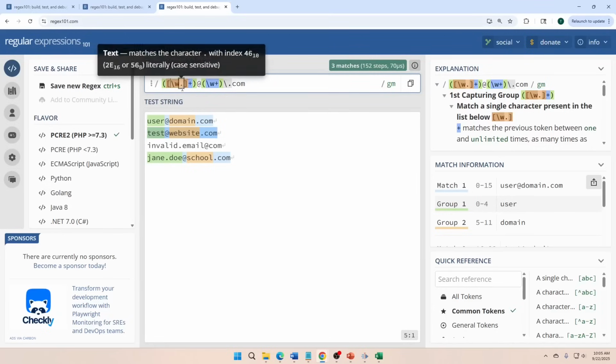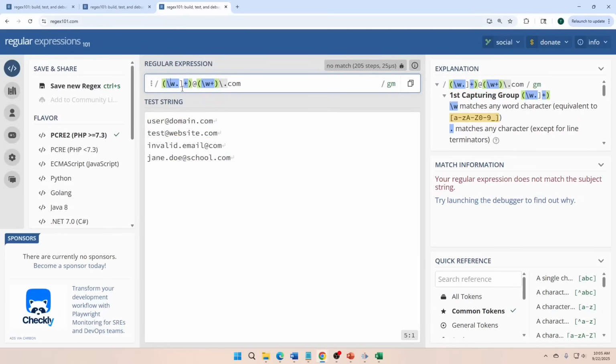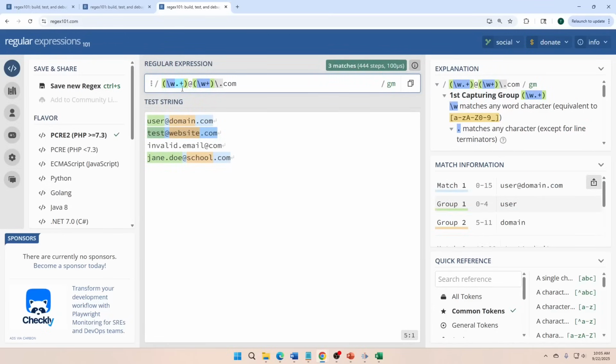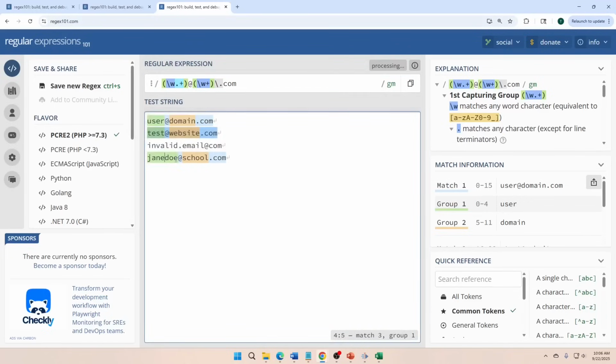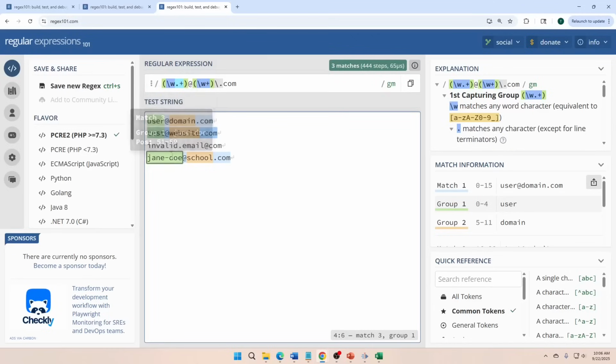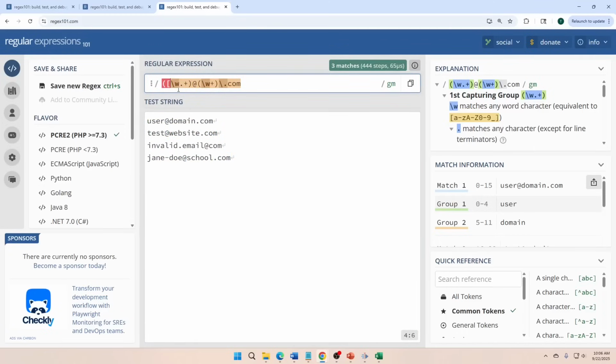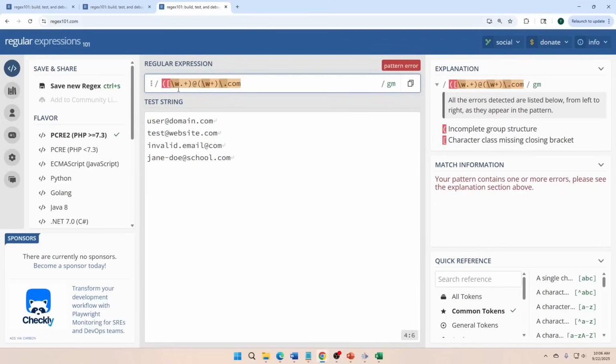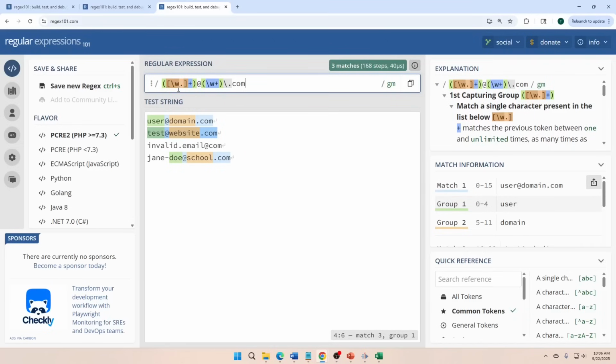If we take the bracket out, it works, but we could find some interesting things. What if we have Jane-Doe? This just becomes a wildcard for all intents and purposes, and so it's actually going to match here. Maybe we don't want that to match. Maybe we really want it to match the literal period. And so you'll notice if we put the bracket in there, we don't match on slashes.